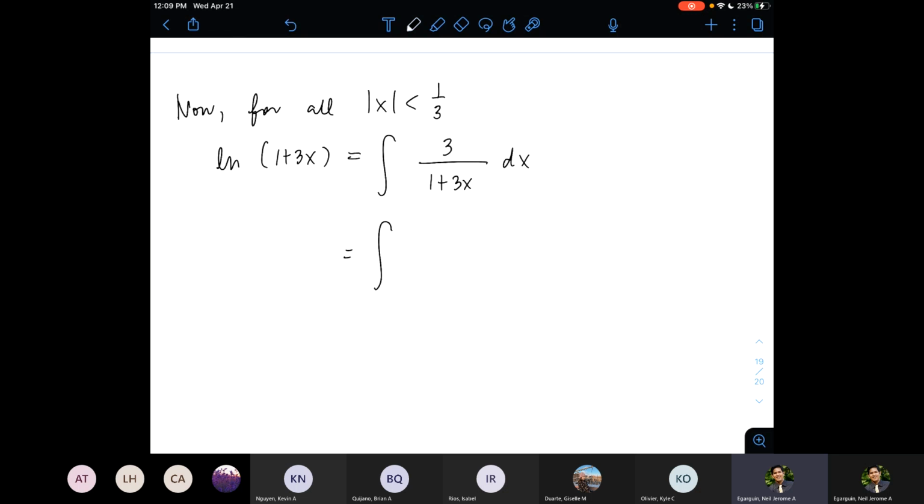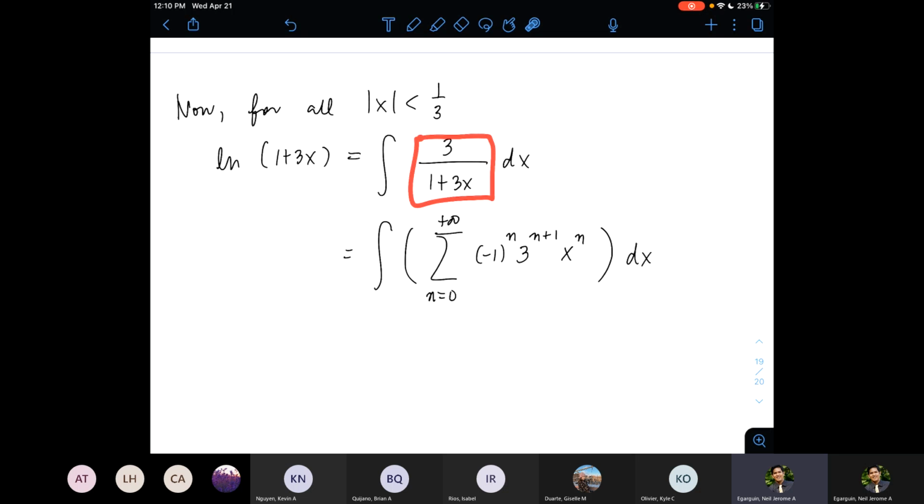But the thing is, we all know from part A that this guy has a series representation. So I can write it as the sum of negative 1 to the power n, 3 to the power n plus 1 times x to the power n, going from 0 to positive infinity, dx, from our answer in part A. So all I did here is to replace this guy with the series expansion we obtained from part A. And we know that this series will absolutely converge for all x's with magnitude less than 1/3.